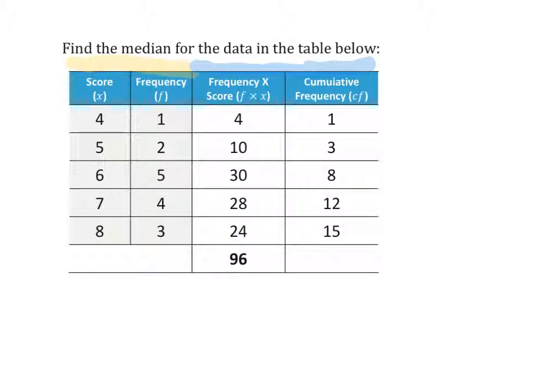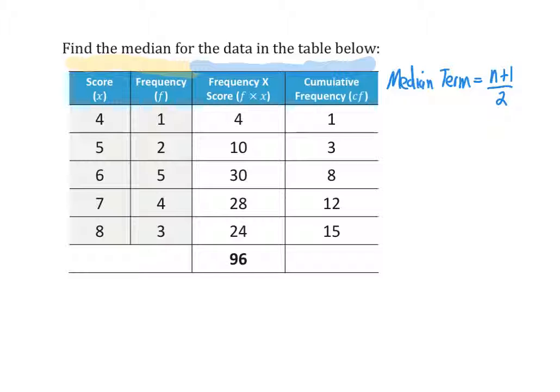So to calculate the median, the first step is to work out where your median term is going to be. To do that, we use the formula n plus 1 divided by 2. So we need to work out how many numbers we have in the data set.